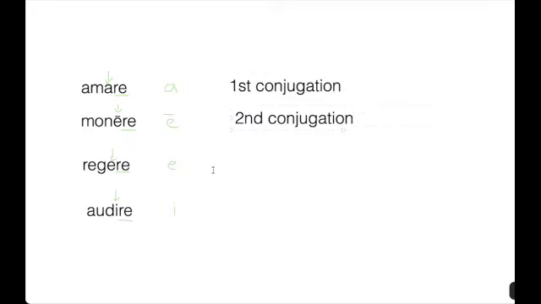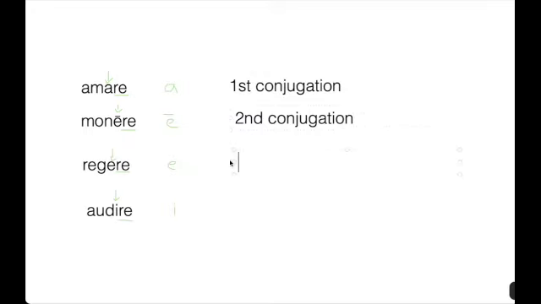Okay, so this is very important because these vowels tell us which conjugation these verbs belong to. Amare, which has an A, belongs to the first conjugation or the A conjugation. Monere, which has a long E, belongs to the second conjugation or the long E conjugation.